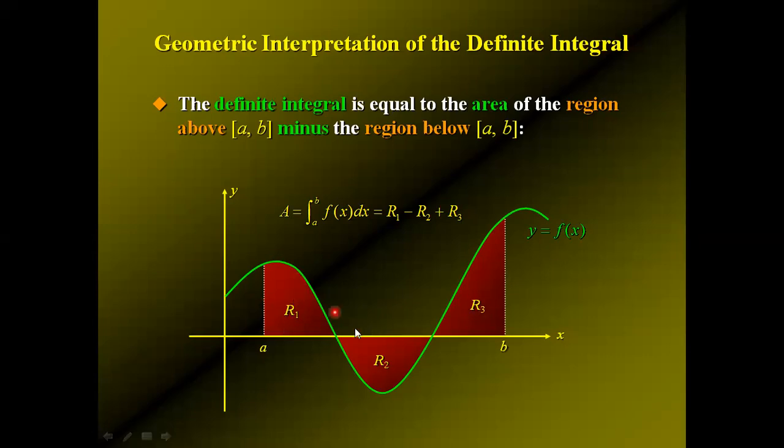The above regions are positive and the below region is minus. So the sum of these three regions indicates the definite integral from a to b of f of x dx, which will be R1 minus R2 plus R3. R1 is the area of the first region, R2 is the area of the second region, and R3 is the area of the third region. This is the geometric interpretation of the definite integrals.